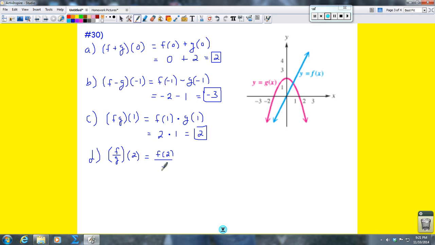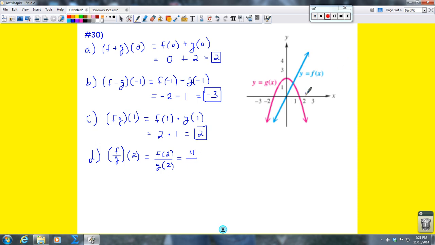And you're supposed to divide that by g of 2. So again, f of 2, you're going to go to here and go straight up and see what the y value is. I'm going to look in the book here at f of 2, which turns out to be 4. And then we have g of 2.